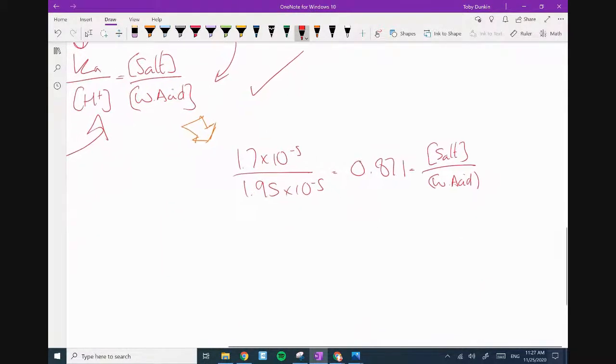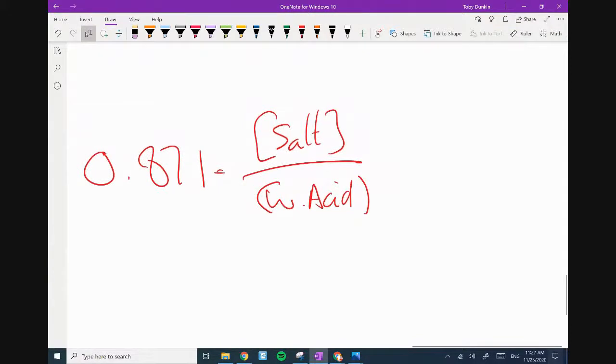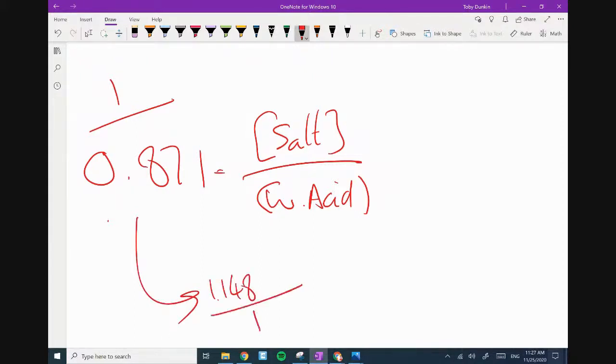So what I've done is I've divided and it's smaller, so the bigger number needs to be on top. So now what I can do is I've divided 1 by that number, and that little maths bit there gives me 1.148. Well, if I then do 1 over 1.148, that should give me 1 divided by answer, gives me the same number.